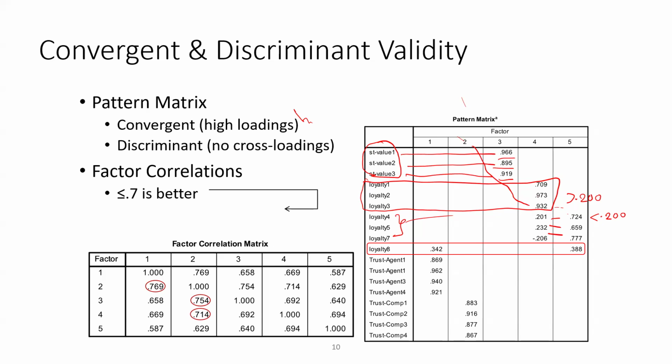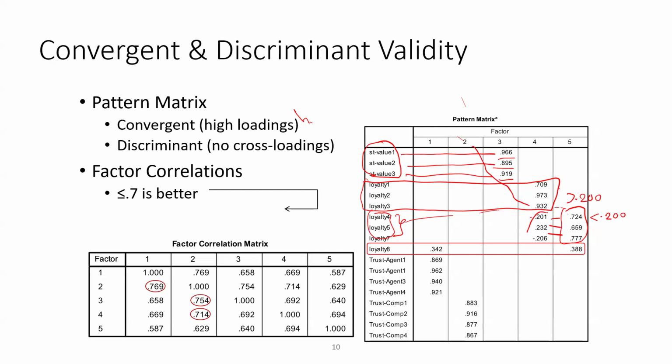If the difference is greater than 0.2, that means their difference is high, so we can also keep it. But the problem is, they should have loaded this side, but instead they have loaded that side. So this loyalty 4 to 7 may not be the same loyalty as 1 to 3. It may be a different factor.